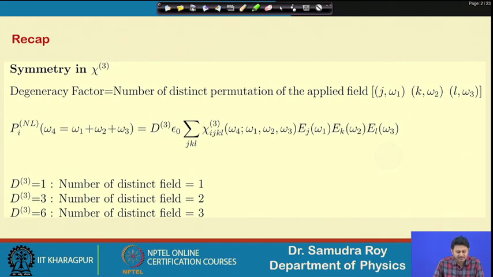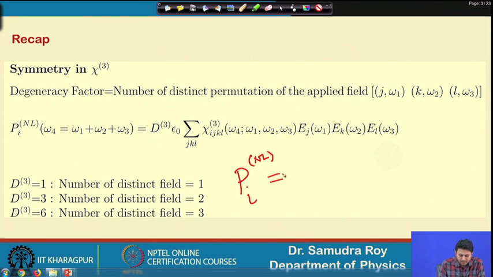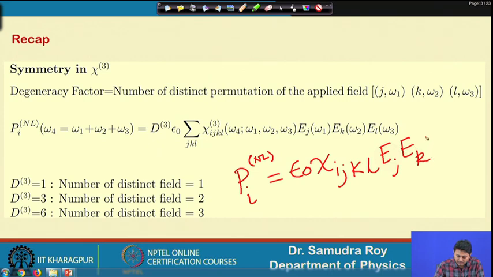We mentioned in the last class that if I want to find out the degeneracy factor, because when the nonlinear polarization is written in component form, it is written as the ith component of nonlinear polarization, epsilon 0 chi i j k l, and then E j E k and E l.